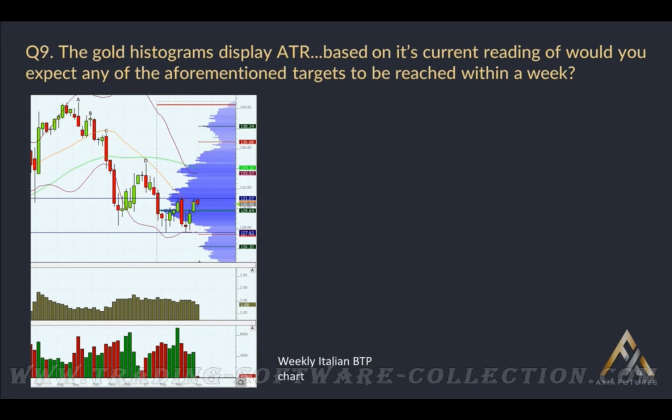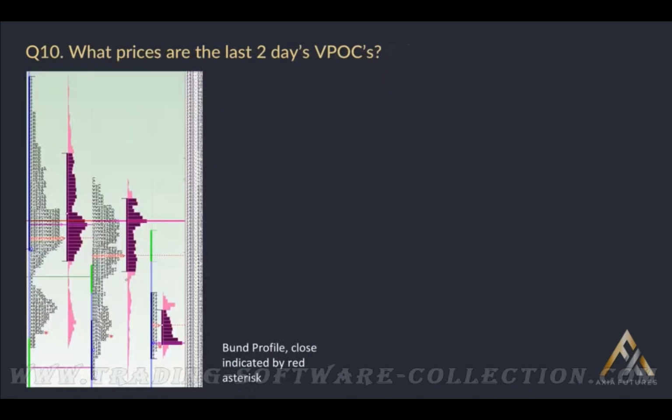So if you add the 1.88 to 131.07, you get 132.95, which, as you can see, is not going to reach point D, and obviously it would not reach any of the other targets. So the answer to that is no. It could well do it. It's not to say that it will not, but the expectation is this trade will probably take more than a week to reach its target up at point D.